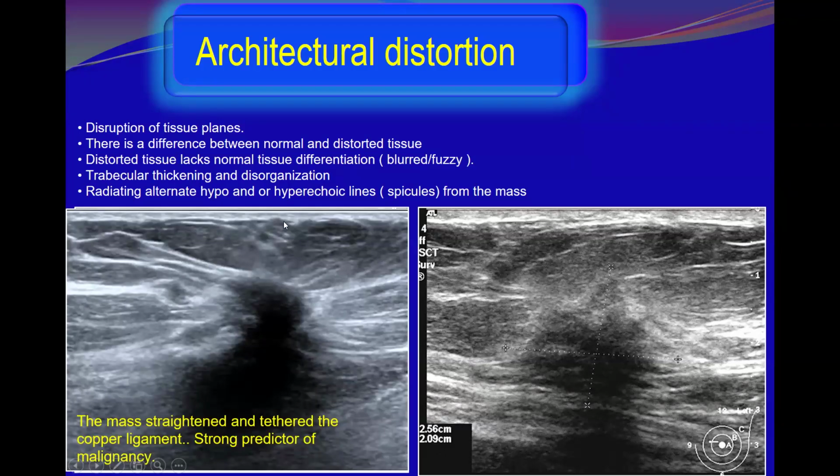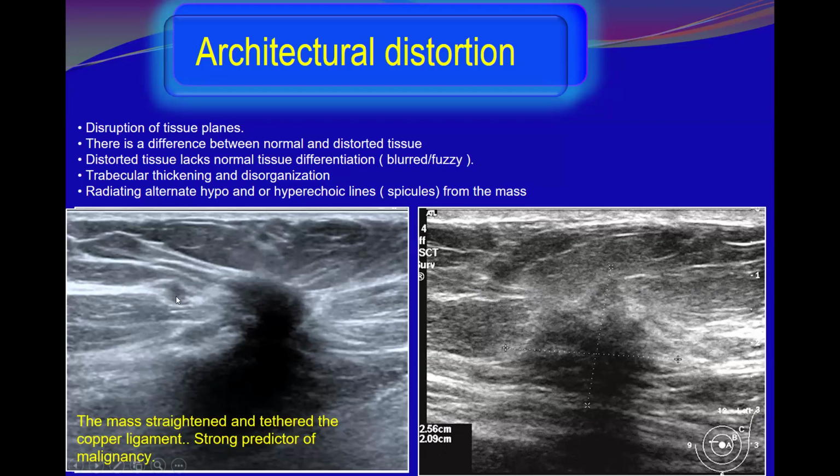Because the background parenchyma is fatty, contrasted black. When you have a black background, you will appreciate the hyperechoic spicules, while if you have a background of dense fibroglandular parenchyma, you could see the hypoechoic spicules.